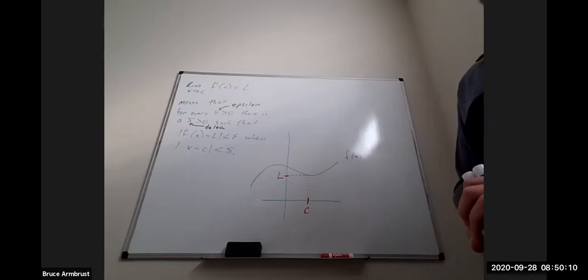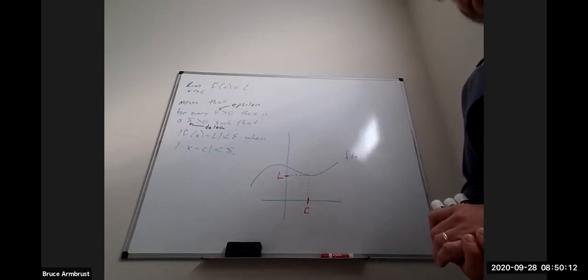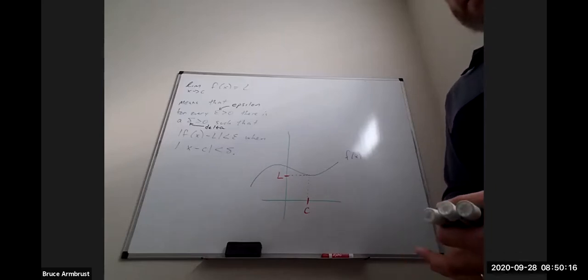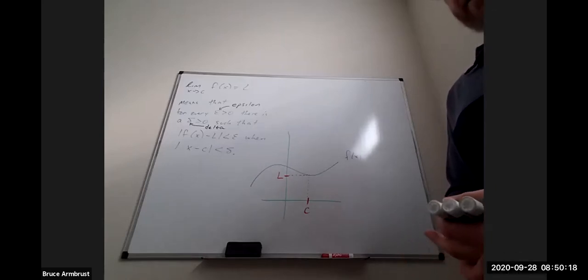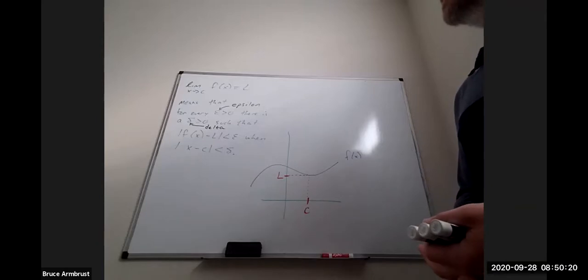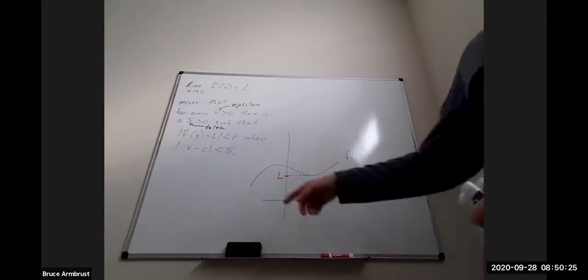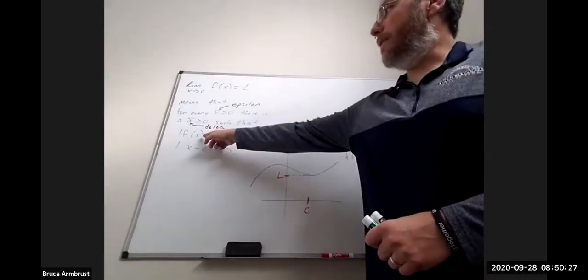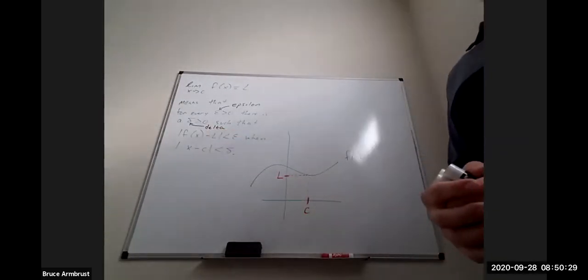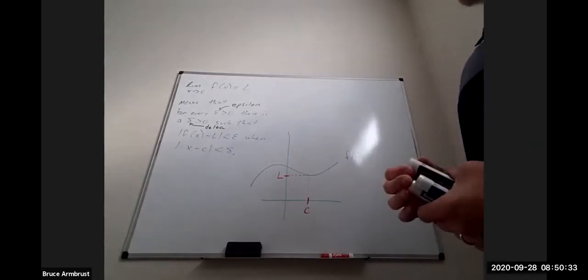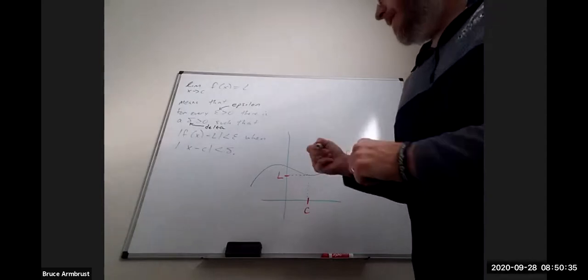Okay, so now let me explain what epsilon and delta are. Epsilon is going to be a number that's just given to us, and epsilon is telling us how close our function values need to be to L. So here's how I want you to think about epsilon.